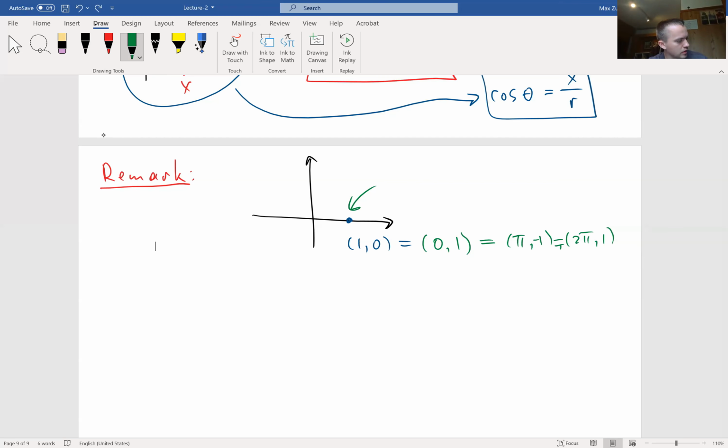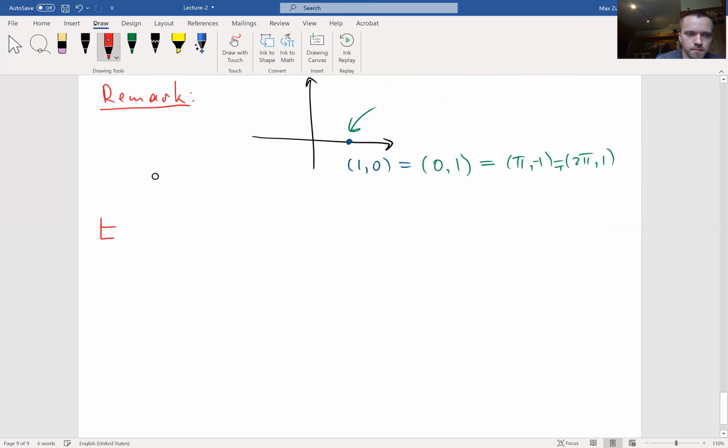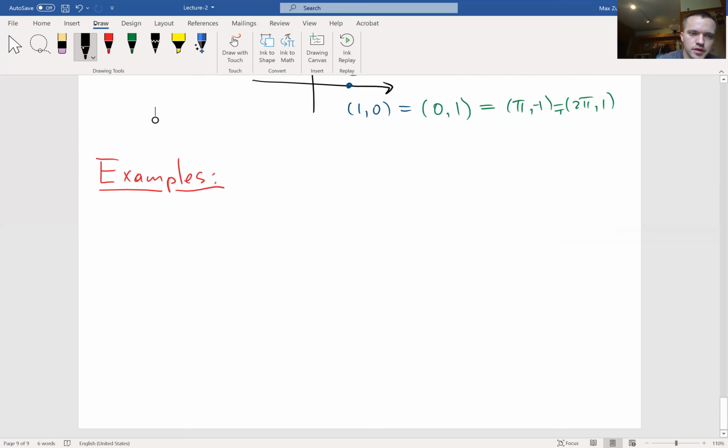So let's move on. We're now going to do a lot of examples. So first, let's sketch r equal to a constant and theta equal to a constant.